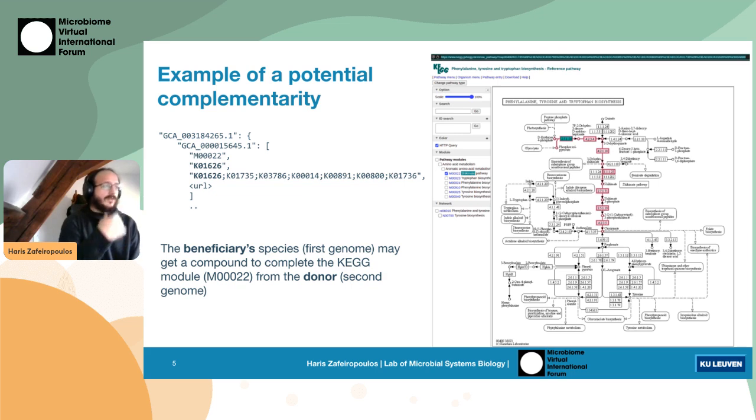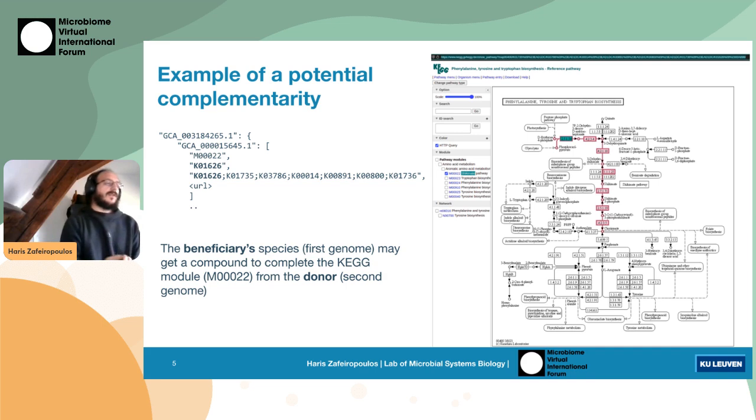So, we use the genome of a species to figure out, based on their annotations, what metabolic processes they can have, and based on the KEGG modules and metabolic reconstructions that come up from a species genome, we figure out what is missing from a species, based on their genome of course, to have a complete alternative so they can have a specific module.